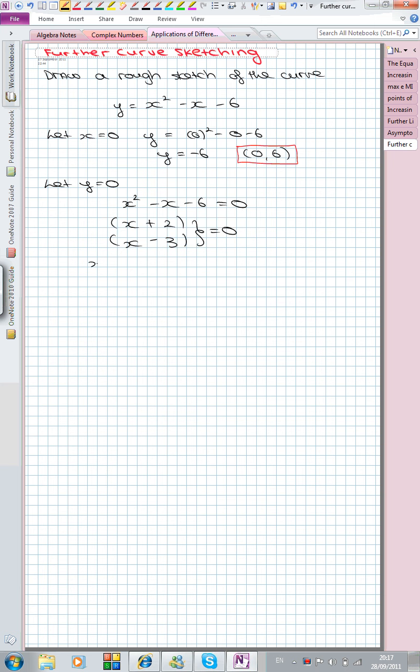The roots of our expression, therefore, will be x equal to minus 2 and x equal to 3. So our curve crosses the x-axis at 2 points, which makes sense because it's a quadratic curve. It crosses at (minus 2, 0) and at (3, 0).